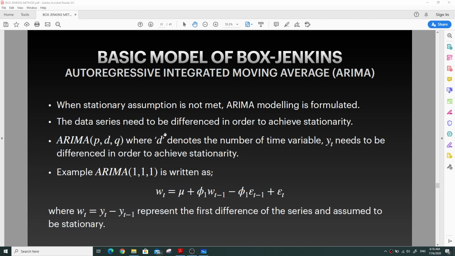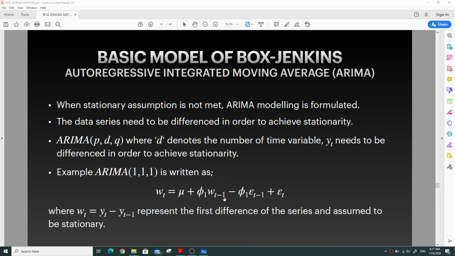And here we will use d to denote the number of times variable yt needs to be differenced. I already discussed the first order differencing and the second order differencing to change from non-stationary to stationary. So here we will use a new symbol wt, where this wt is the series representing the first difference. Here, for example, ARIMA(1,1,1) is written as this.